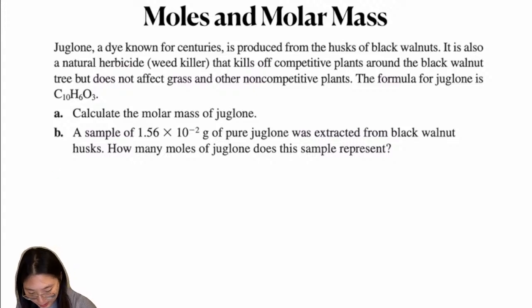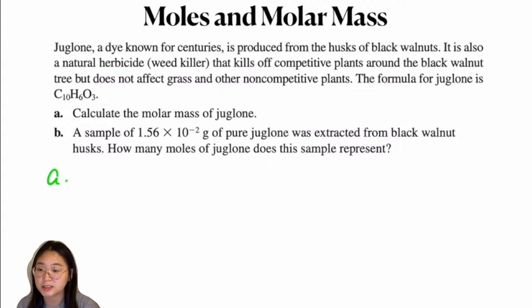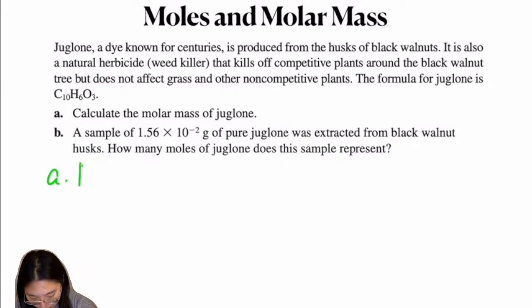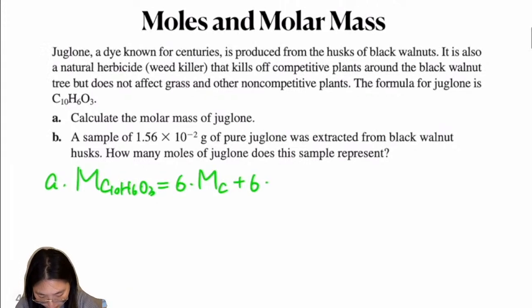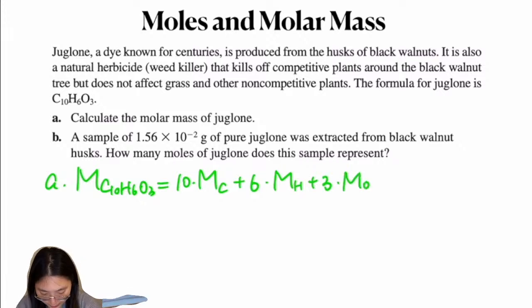So again, how we calculate the molar mass of a molecule is by adding up the molar mass of each of the components. So the molar mass of C10H6O3 is going to be 10 times the molar mass of carbon plus 6 times the molar mass of hydrogen plus 3 times the molar mass of oxygen.